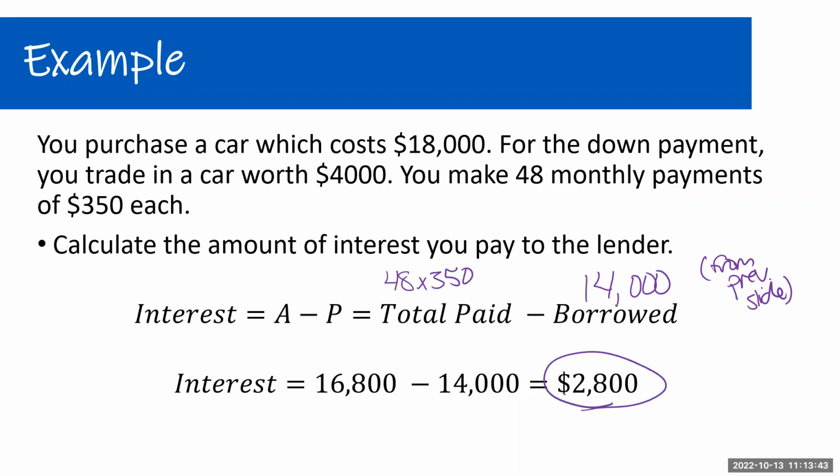So on that car that cost $18,000, you put $4,000 down, so you're only borrowing $14,000. You're going to pay $2,800 in interest.